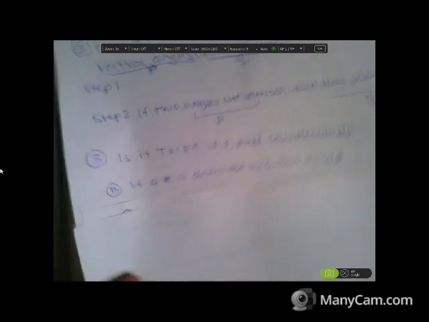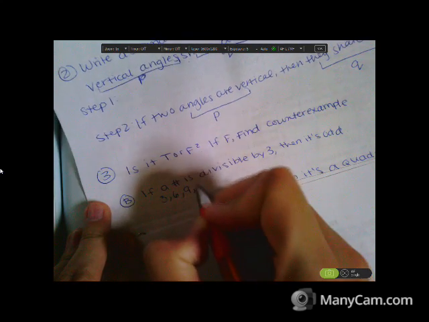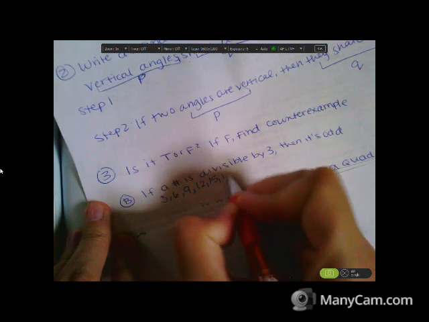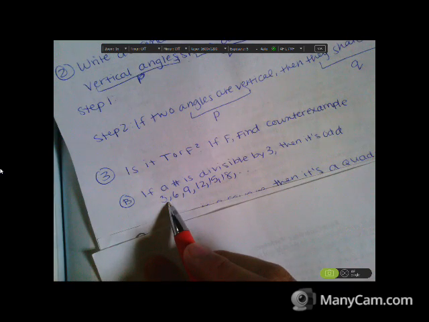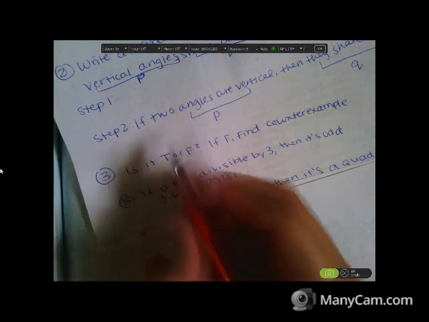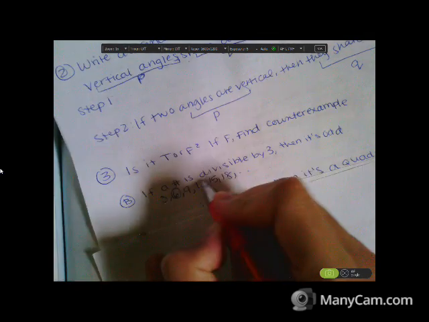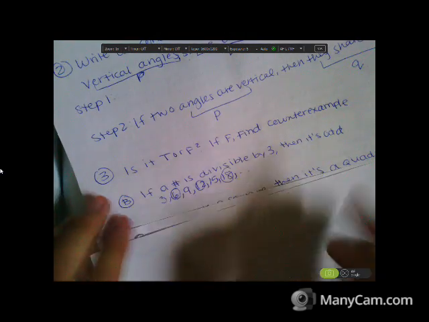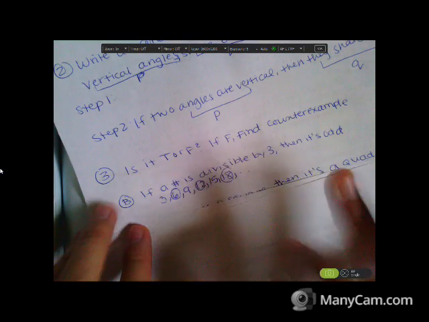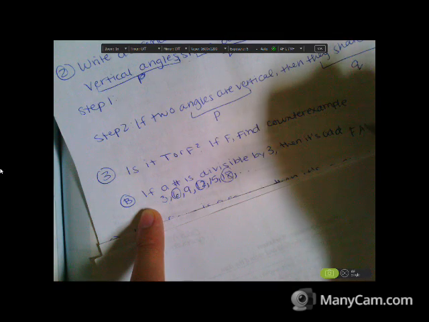Well, let's look at the numbers that are divisible by 3. 3, 6, 9, 12, 15, 18, and so on. So, 3 is odd, 6 is even, 9 is odd, 12 is even, and so on. So we could circle 18 too. So, therefore, we found our counterexample. So, therefore, this statement is false.